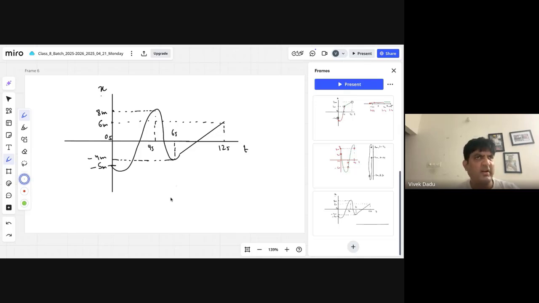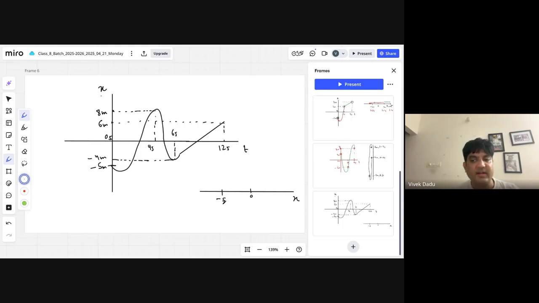Or everyone got it, right? Okay, now guys, I am doing something. First of all, it's along the x-axis. At t equal to 0 second it's at -5 meter.